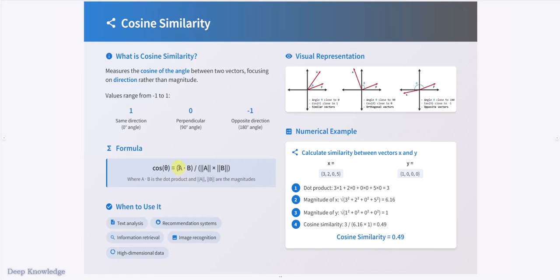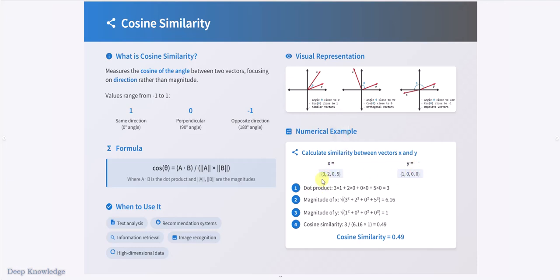So this is A times B, the dot product of A and B, divided by the magnitudes. Let's see, for example, we have this example here, x and y.